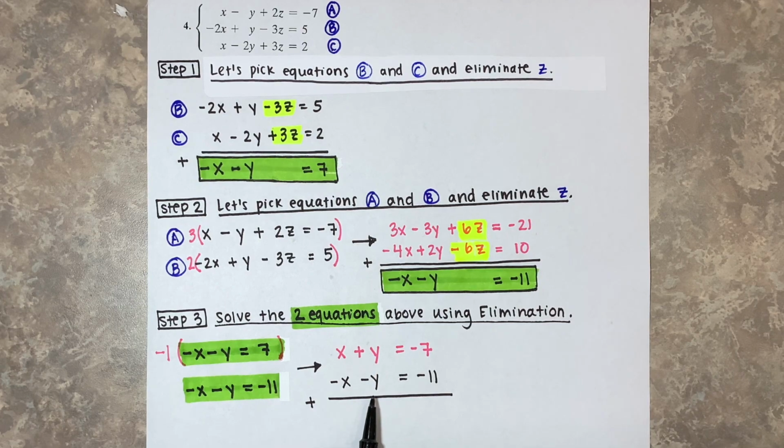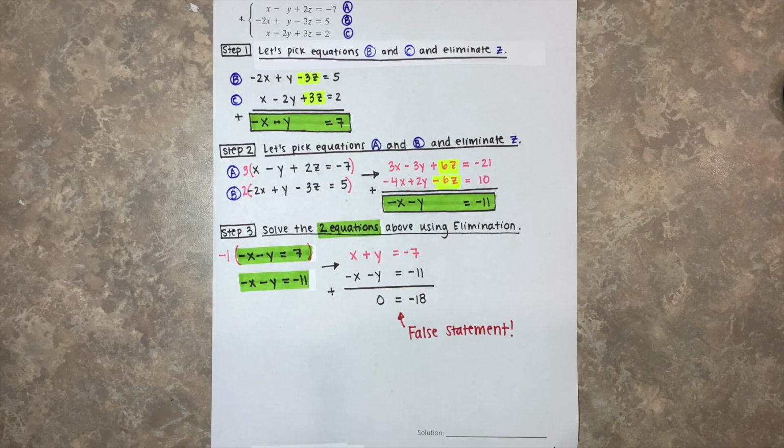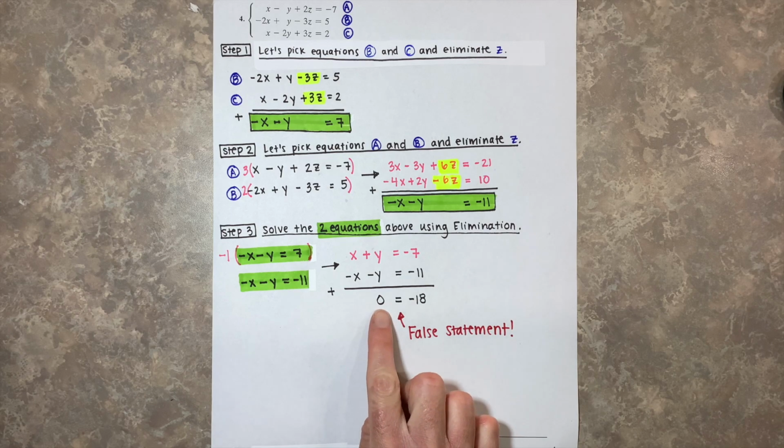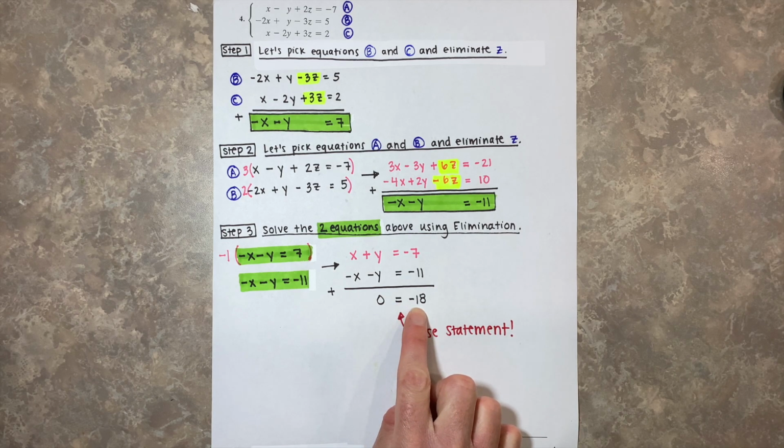Y plus -y also gives us 0, so the y's are also eliminated. So we're left with nothing, or 0, on the left side of the equation. And then -7 plus -11 will give us -18. So we end up with the false statement, 0 equals -18.